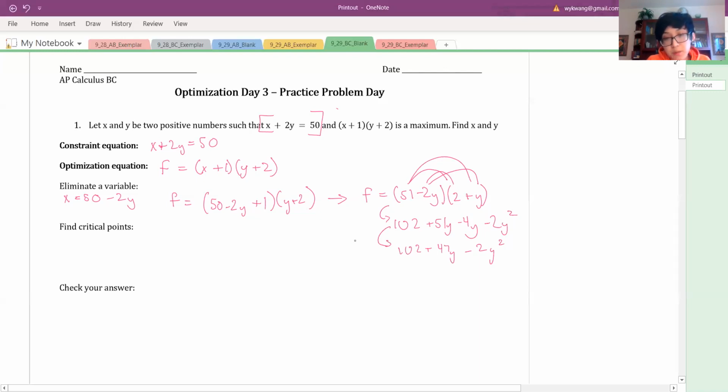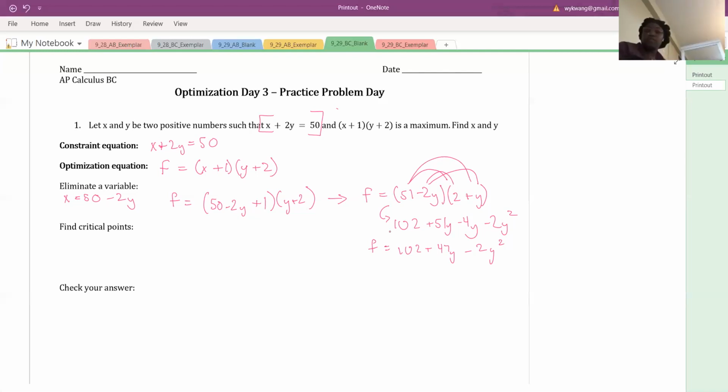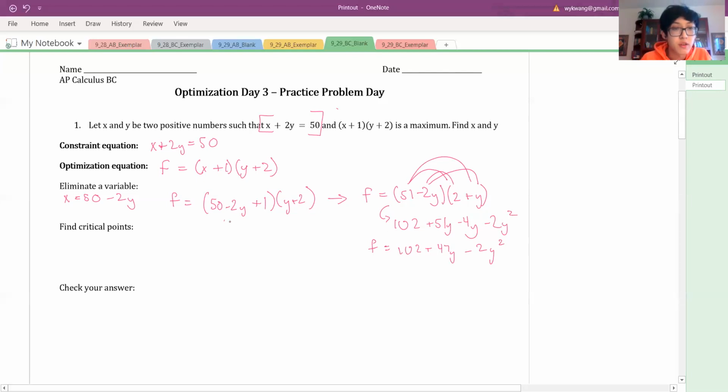So I think it's important to remember that what we're dealing with here is f, right? Zakaya, you have your hand raised. Do you have a question? You can come off of mute. Yeah, I have a question from where it says f equals 50 minus 2y plus 1. Where did the 1 come from? Sorry, which step are you talking about? Are you talking about over here? Yeah.